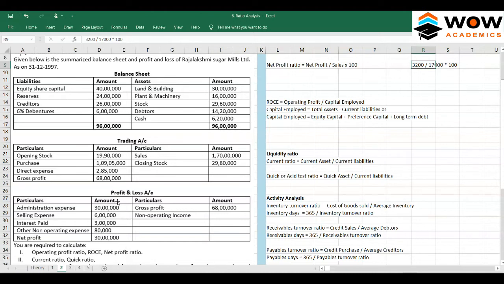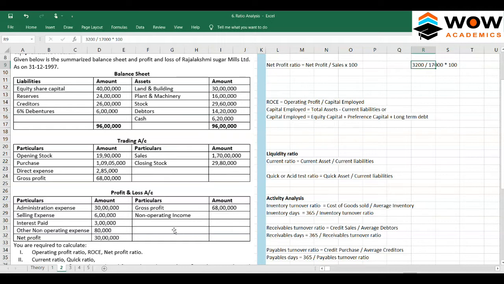I think there's some mistake in the profit and loss, because it shows here 68 lakhs and finally it shows the 30 lakhs here. So that means 38 lakhs should be this amount, but it seems to be a lot more than that. It is like 39 lakh 80,000.